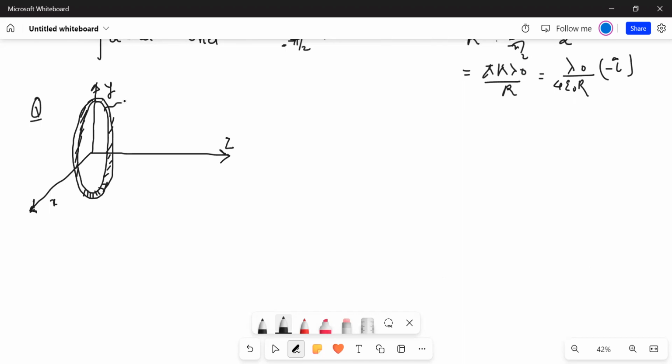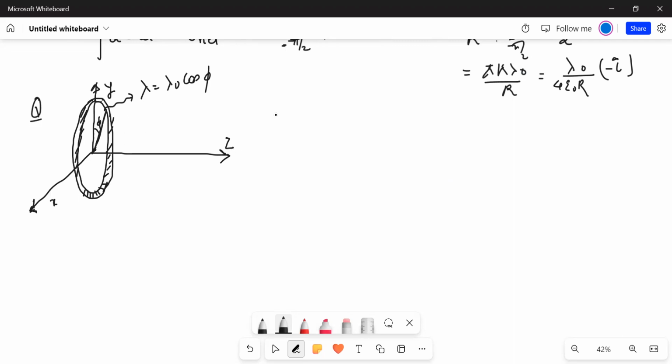The ring contains the charge density lambda equal to lambda naught cos of phi, where phi is the angle.